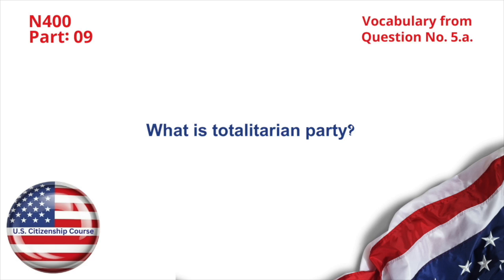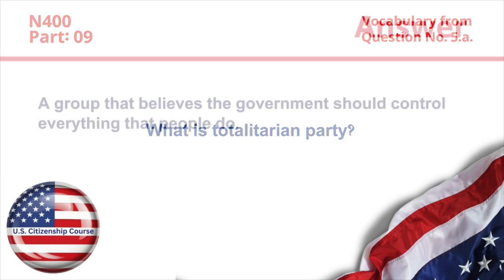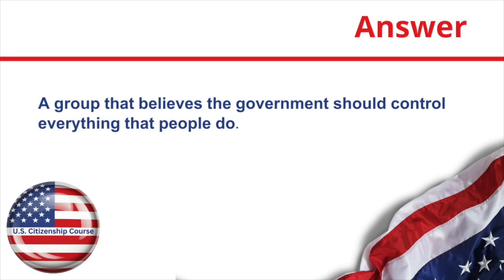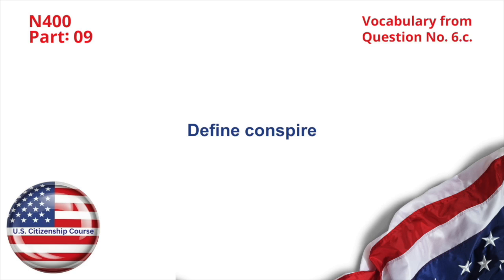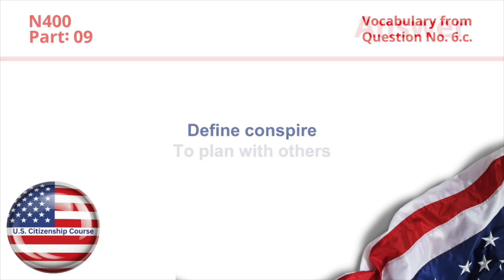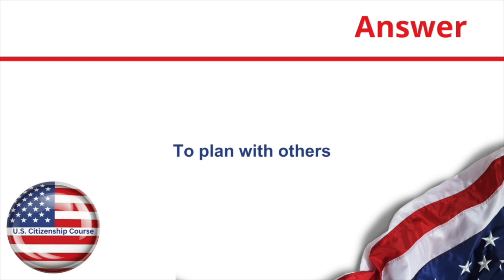What is totalitarian party? A group that believes the government should control everything that people do. Define conspire. To plan with others.